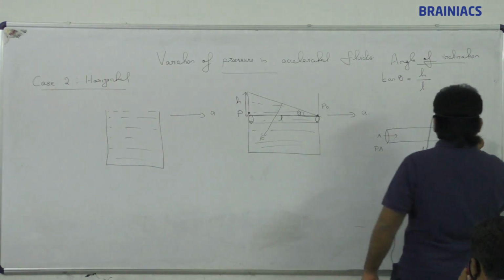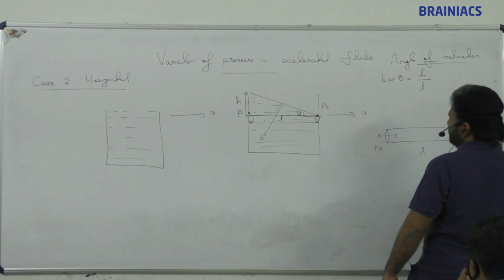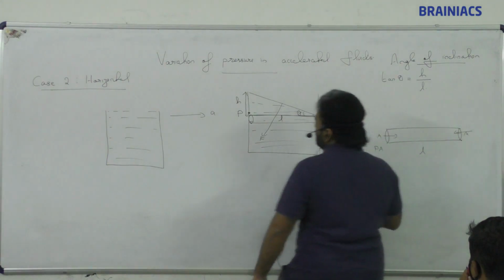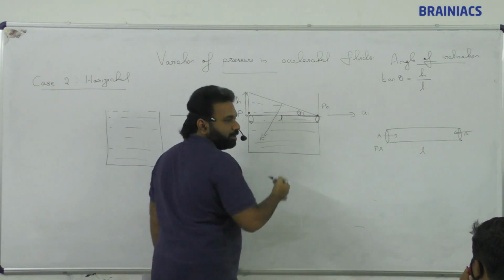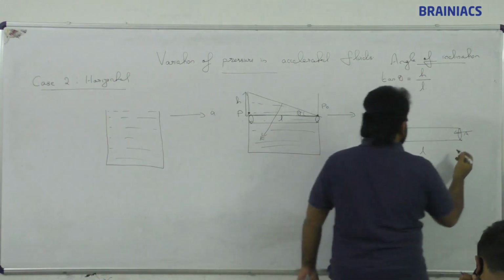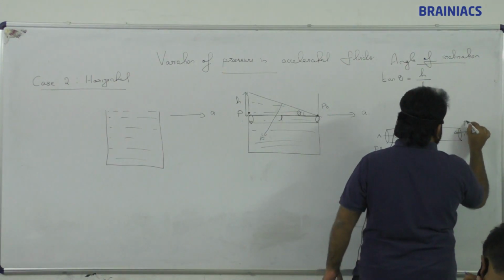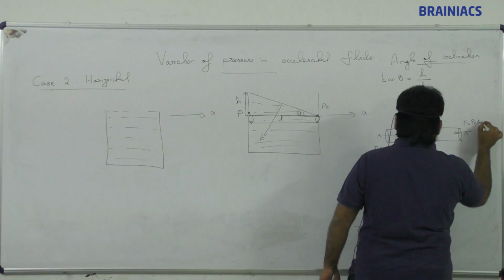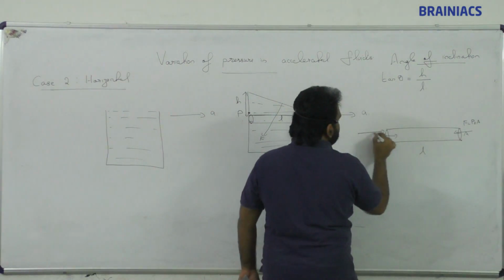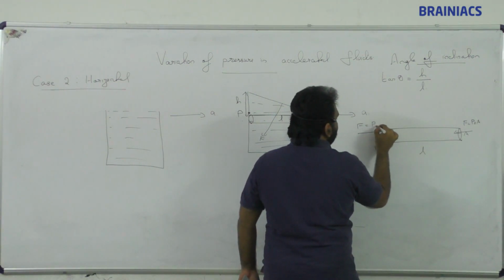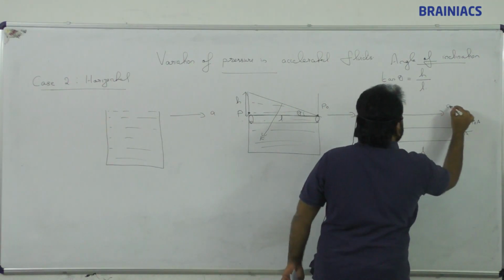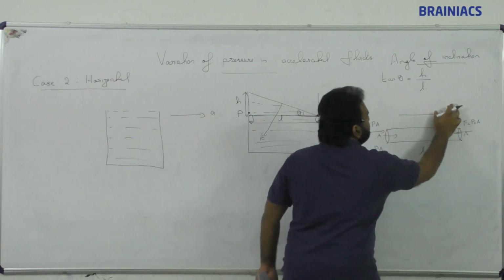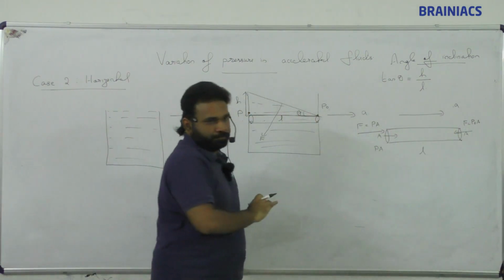See here, the pressure is P. Here the pressure is P naught. So I could say here the force is nothing but P naught into A. Here the force is P into A. The mass is marked as MA, so the acceleration is in that direction.